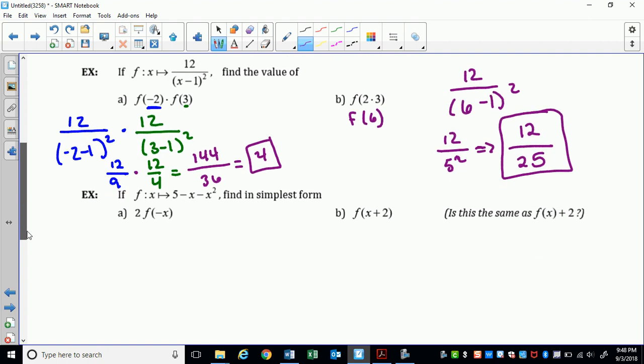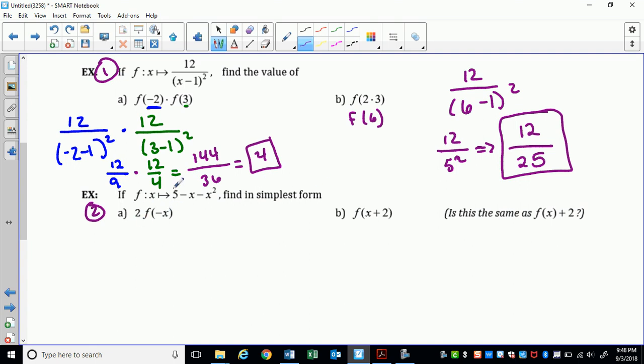All right, let's look at example 2. If our function f such that x goes to 5 minus x squared, find the simplest form of 2 times f at -x.